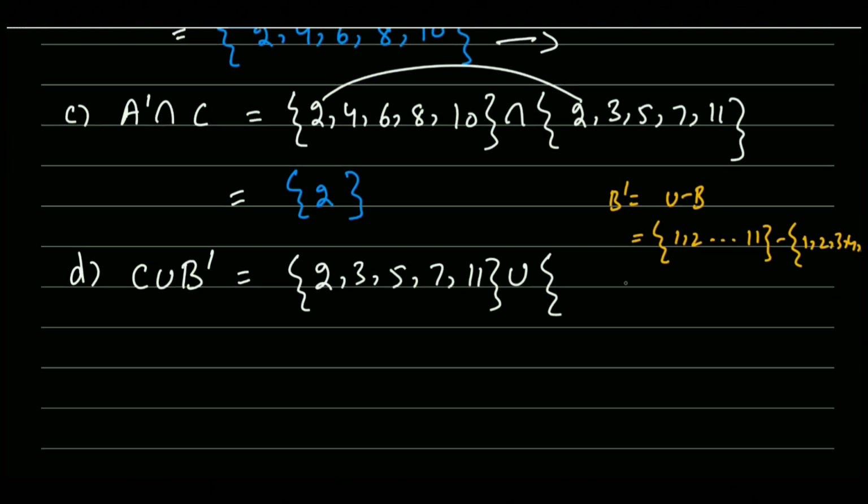Okay. So after 1, 2, 3, 4, 6, the remaining elements are 5, 7, 8, 9, 10 and 11. If we subtract all the elements of B from the universal set, these will be the remaining elements.